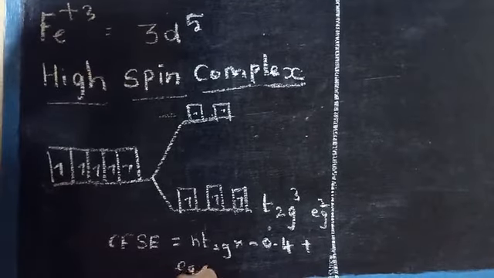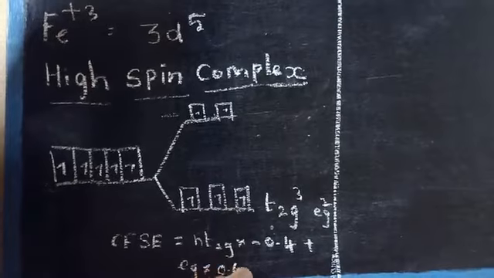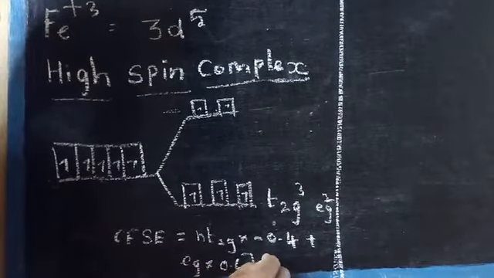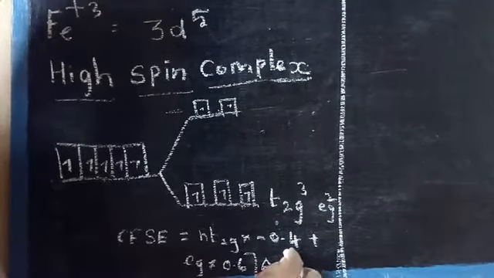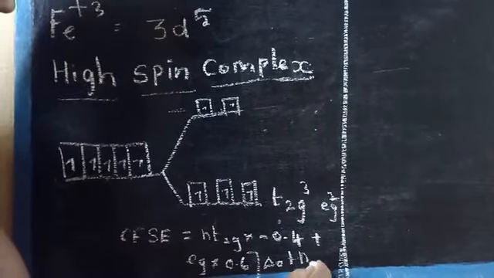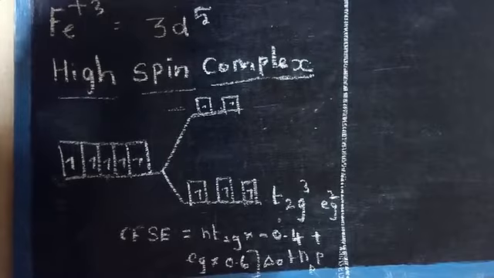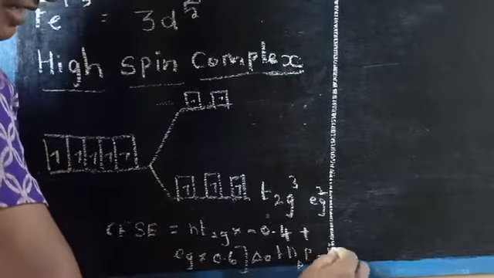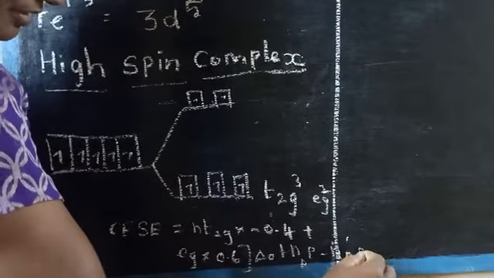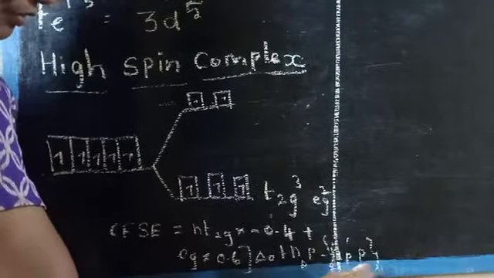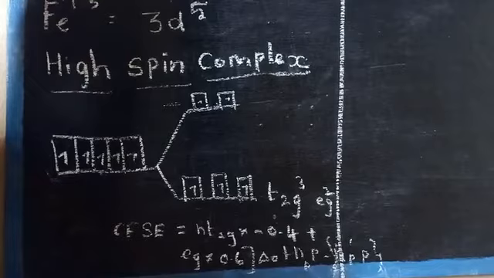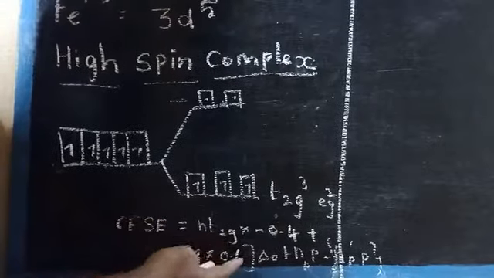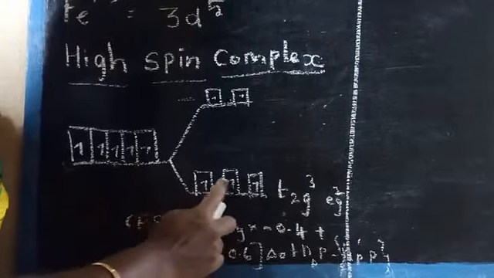into 0.6. Okay, the whole term with delta 0, plus nP, pairing energy, next minus n'P'. This is the formula, you know very well, the crystal field stabilization energy. In T2g, number of electrons in T2g, here how many? 3.